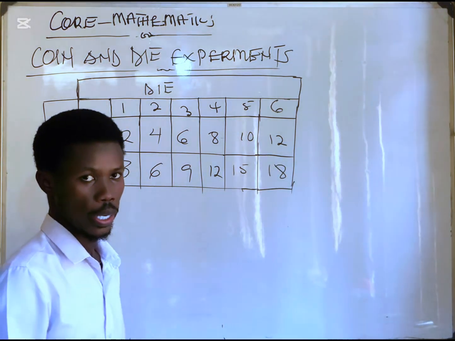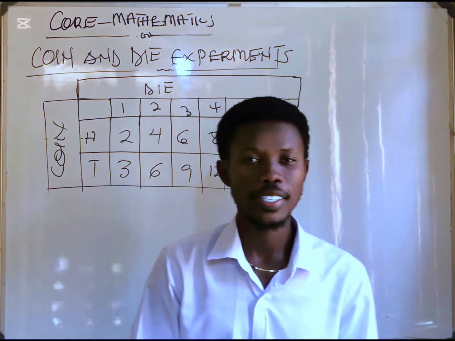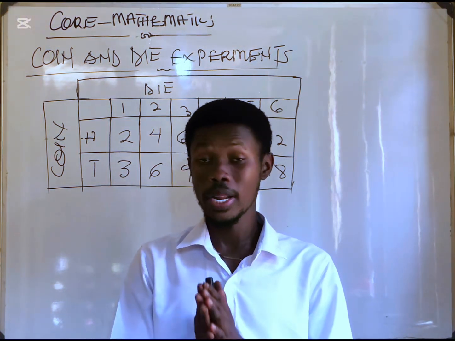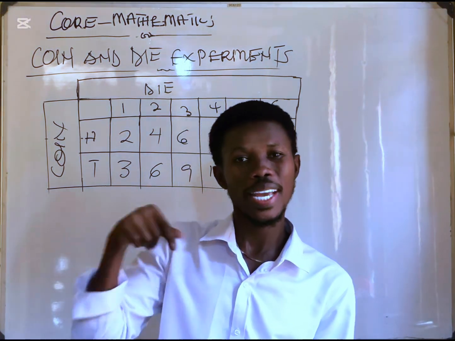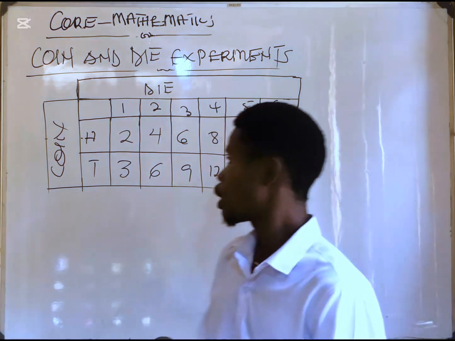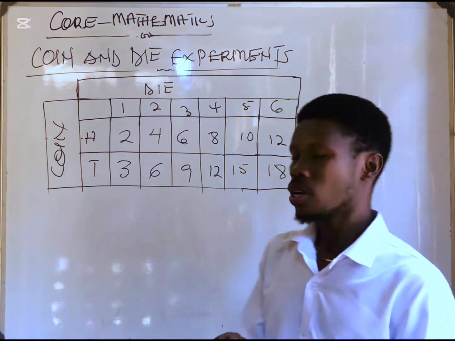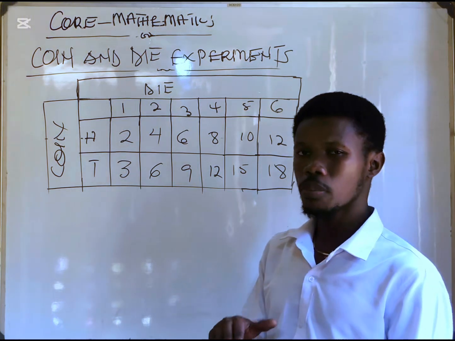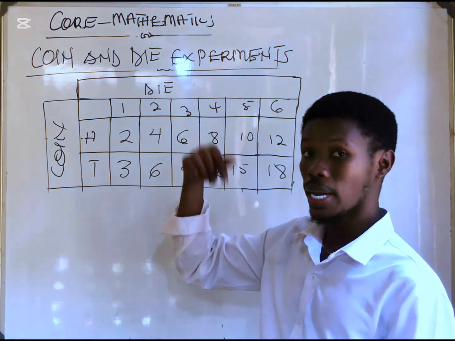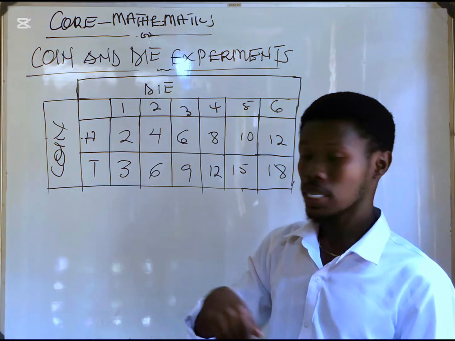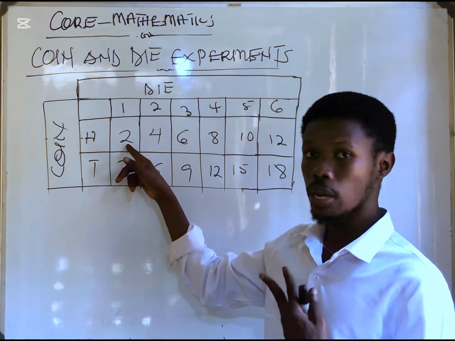Please, I hope you understand this. The question said that when the coin lands on the head, you get twice of whatever number is on the die. So twice means that you are multiplying that number by 2. So in case the 1 lands on the head, you get 2, because 2 times 1 is 2.